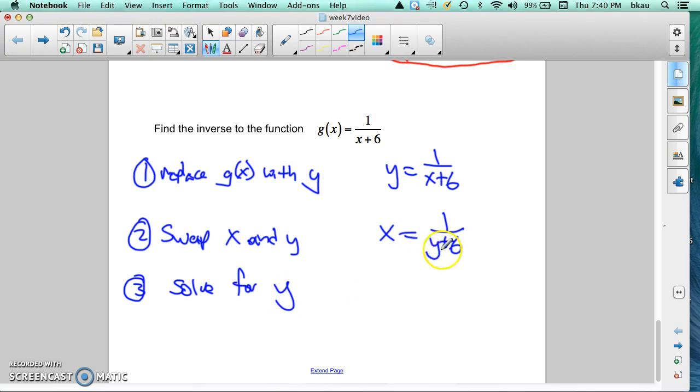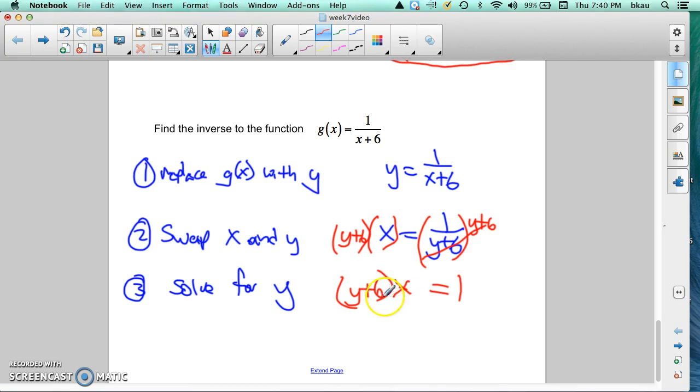Since we have a fraction here, my first step would be to multiply through by the denominator. So I need to multiply both sides by y plus 6. This side over here reduces out, and I'm going to be left with 1 equals y plus 6 times x.